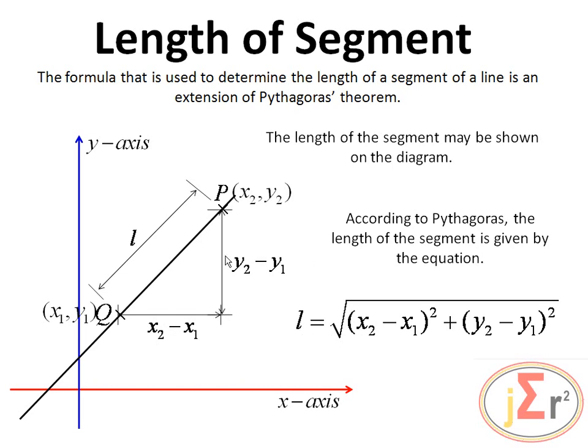So Pythagoras' theorem says that the square of this length, which is going to be the hypotenuse, which will be discussed in detail when we take a look at trigonometry, working with right-angled triangles, is equal to the square of this plus the square of this.